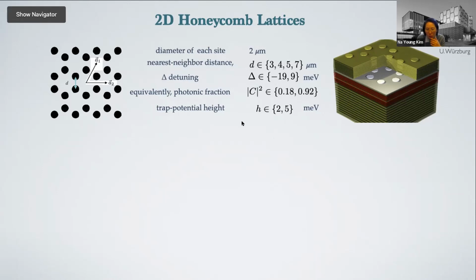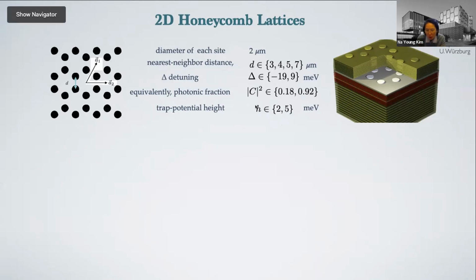This method allows us to have a very strong trap potential, about 2 to 5 electron volts, which is about 10 times stronger than the kinetic energy of this exciton polariton.